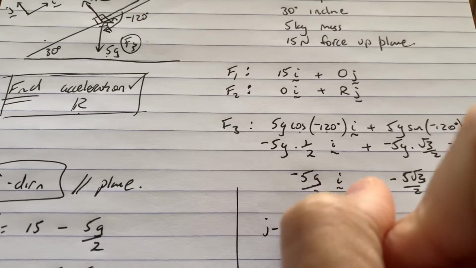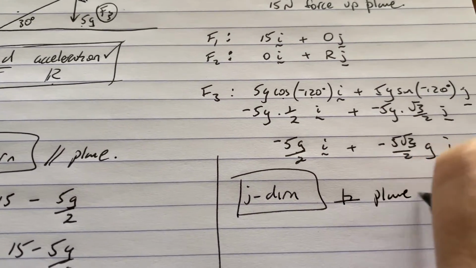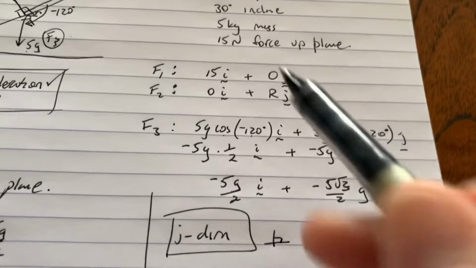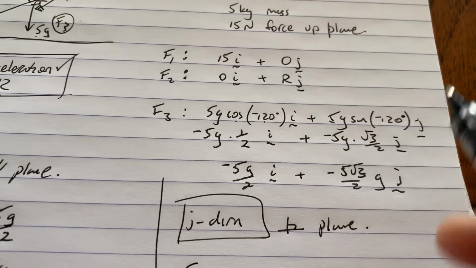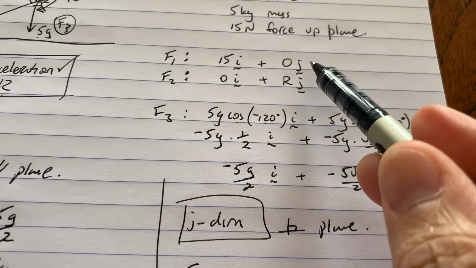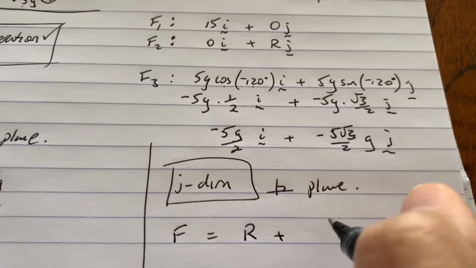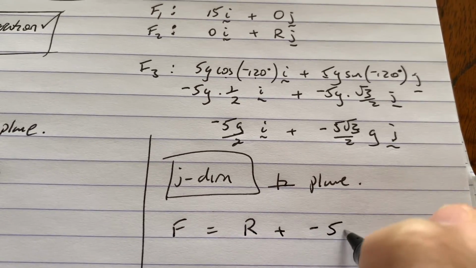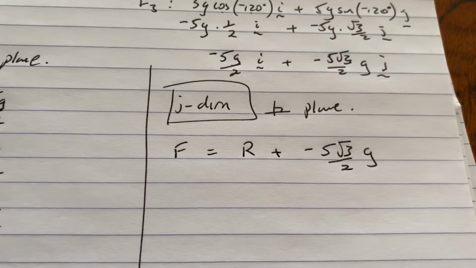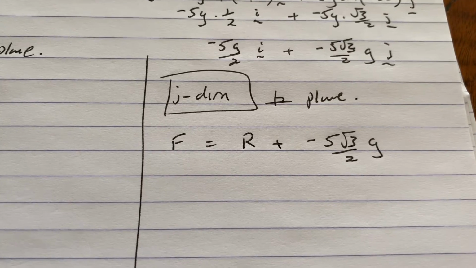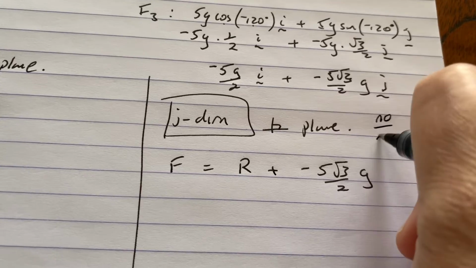So I'm going to look in the J direction, or perpendicular to the plane. And I look at my forces I listed out to start, and I'm looking in the J direction. The top force has 0 in the J direction, then it's R, then it's negative 5 root 3 on 2 g. Now, in the J direction, there's no movement.